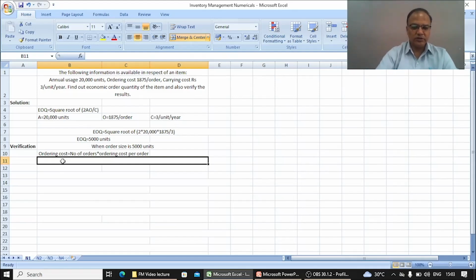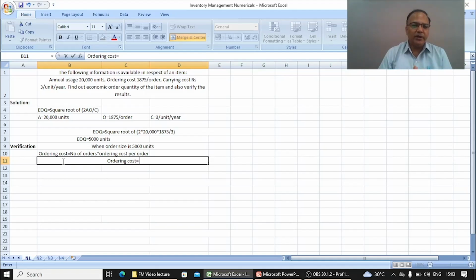Now, ordering cost is equal to number of orders into ordering cost per order.